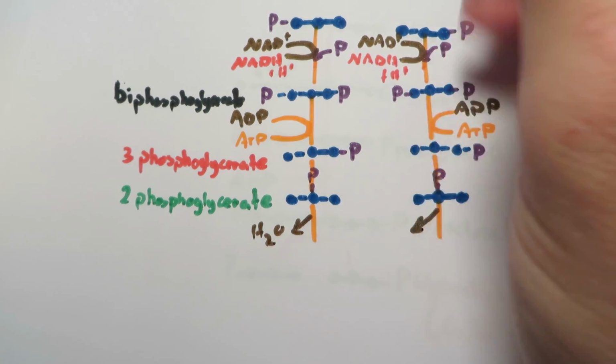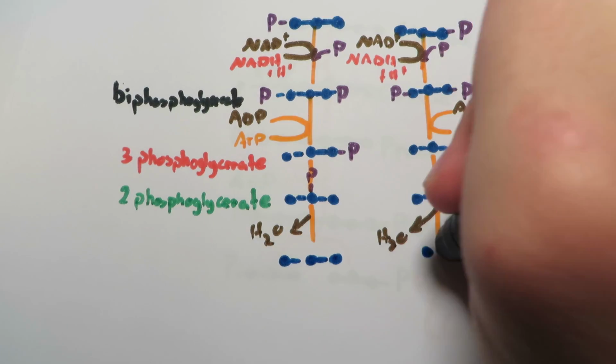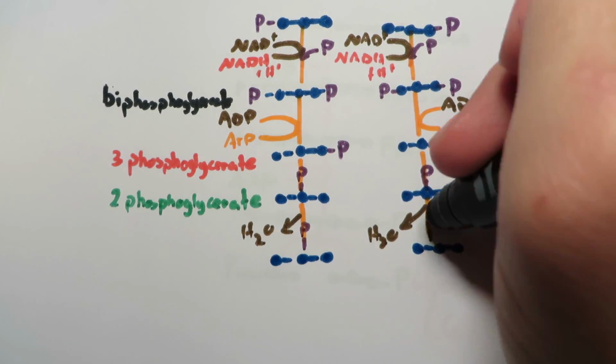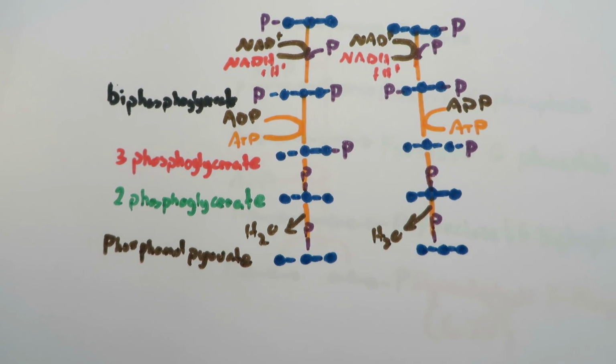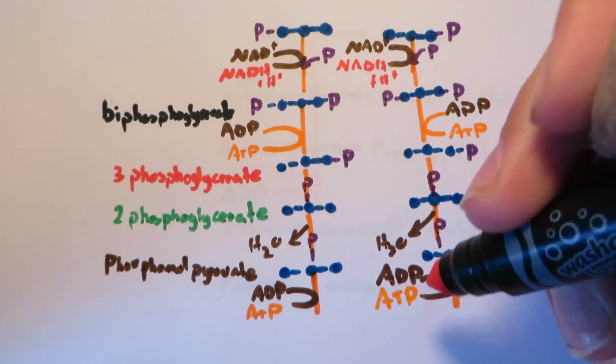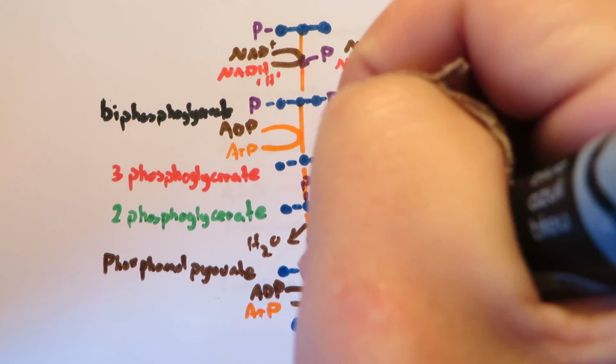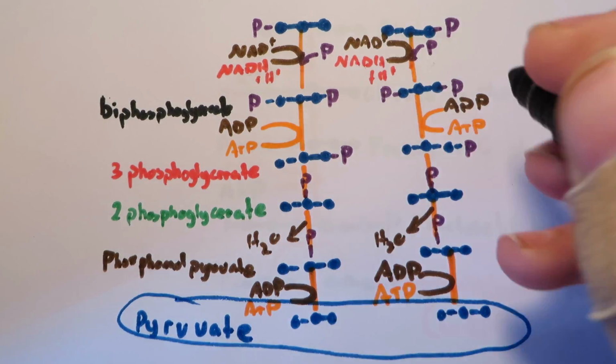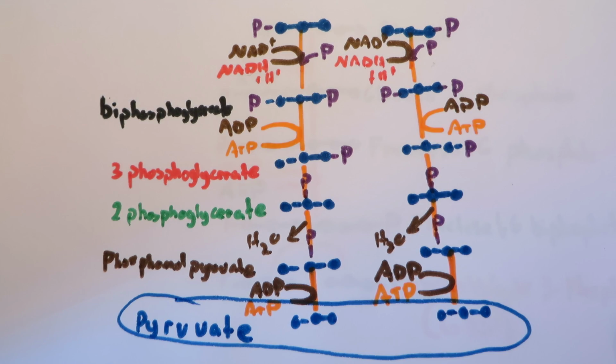Water leaves the phosphoglycerate molecule. This yields phosphoenolpyruvate. ADP comes and turns into ATP. This yields the final product of 2 pyruvate molecules.